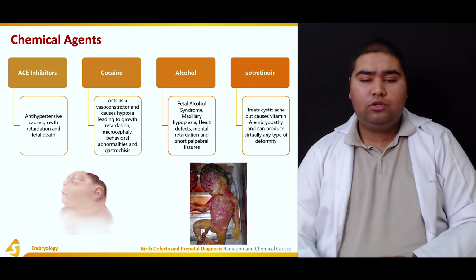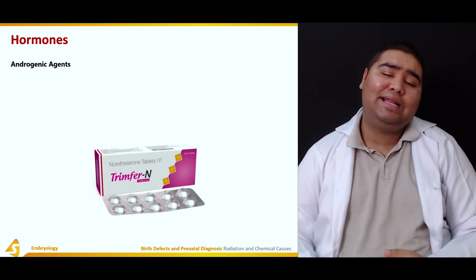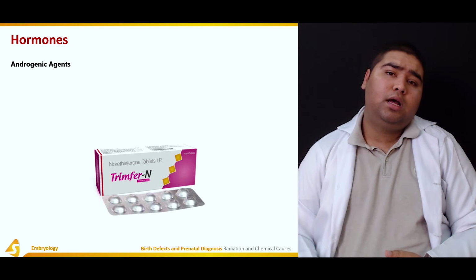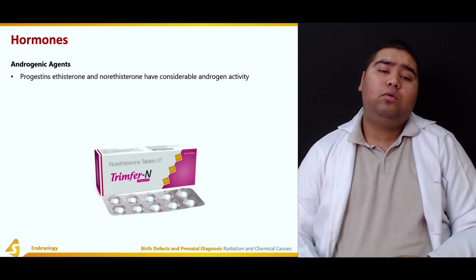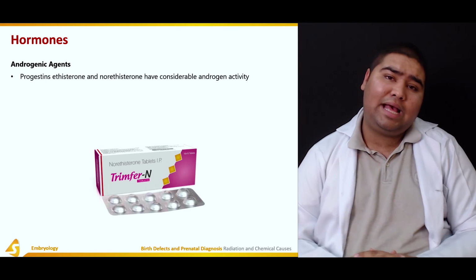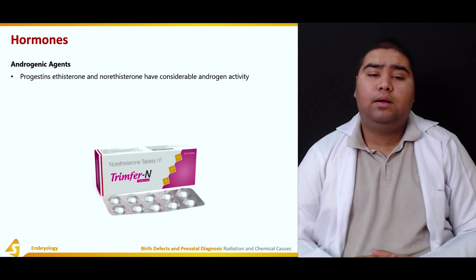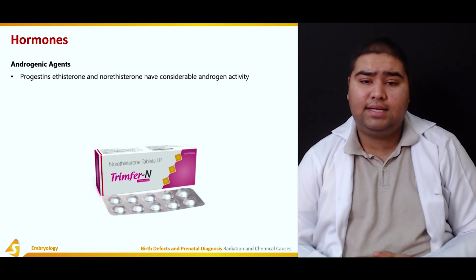Now, let's move on to the hormones. These are the hormones that are given exogenously, not the hormones being produced within the body. Now, hormones, most of them have somewhat androgenic activity. It either may be progestins, ethisterone, or norethisterone.